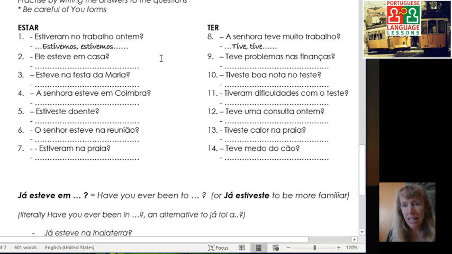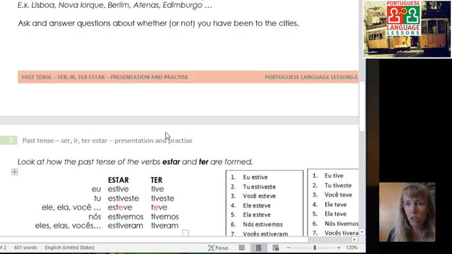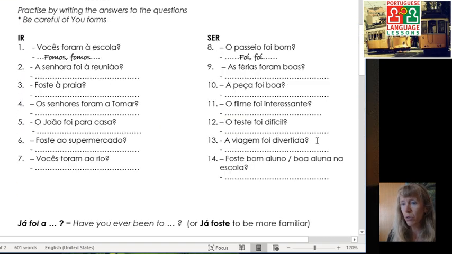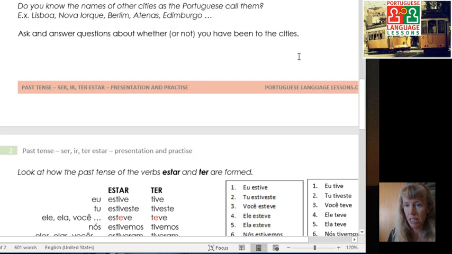And again, nice to look at these examples if you're thinking about the differences between ser and estar. So here, with ser, we're talking about how things were. They were good, they were interesting, difficult, fun, things that are quite concrete characteristics of things that are not transient.